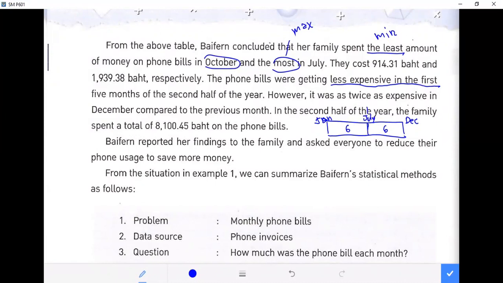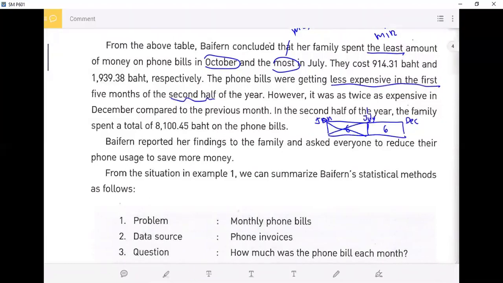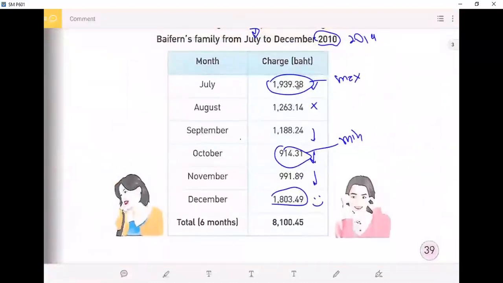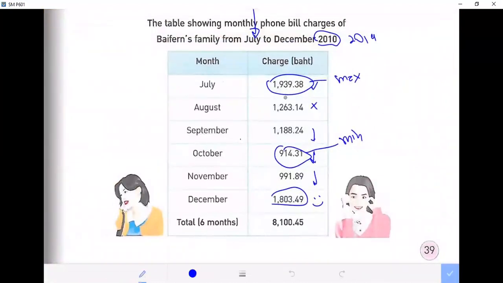So she says this one: less expensive in the first 5 months of their second half. So she doesn't talk about this, but she talks about this one. The first month of the second half is here. So when we go back, here, July, right? If you plot the graph, the maximum is just there.